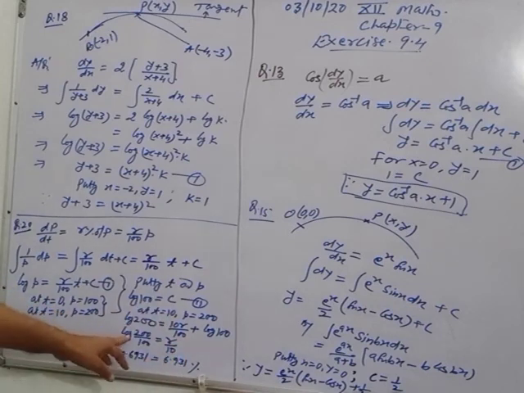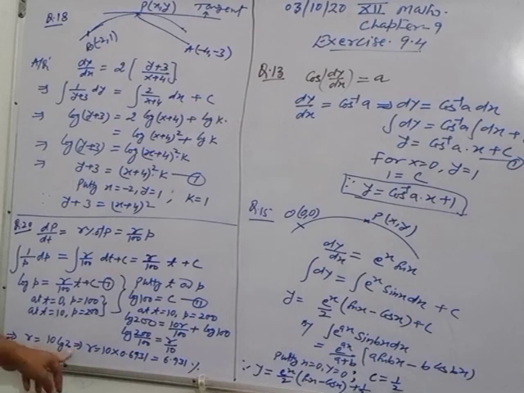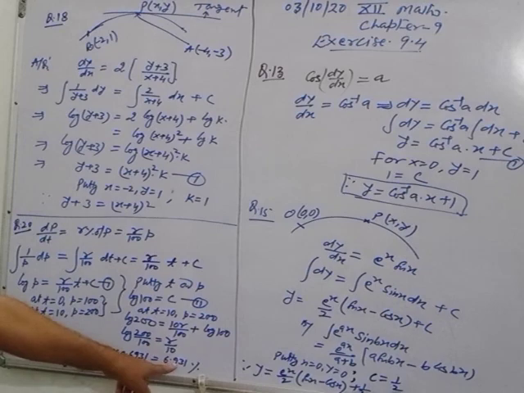So 200 by 100, that is log 2, is equal to R by 10. Then R is equal to 10 log 2, and here the value of log 2 is given in your question. Log 2 is 0.6931, multiplying by 10, so you will get 6.931%. So this is the value of R. Okay.